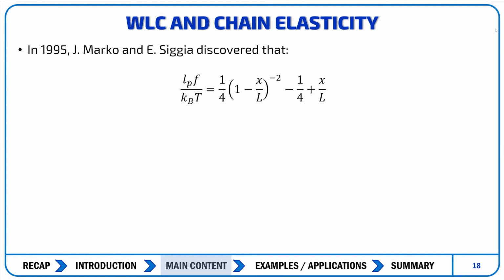Back then, J. Marko and E. Siggia discovered this particular model for DNA, the worm-like chain model, as well as chain elasticity. So what this means is we can use this particular equation to model different components of DNA. I'll draw a diagram first, and then we'll be able to discuss what each aspect is.